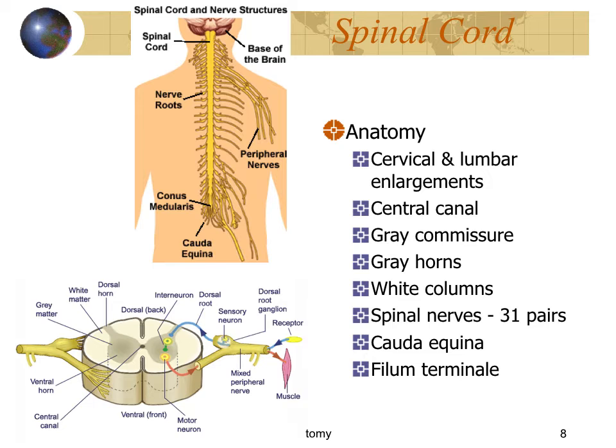Again, giving off 31 pairs of nerves, ending in the cauda equina, a bunch of nerves that continue down in the vertebral foramen, and has enlarged regions where many nerves for the arms and legs come in. Those are the cervical enlargements and then the lumbar enlargements.